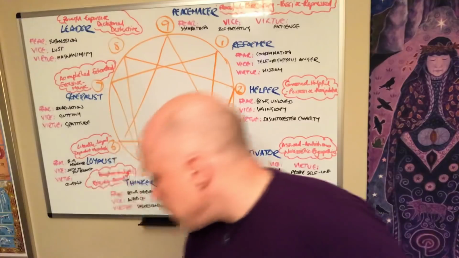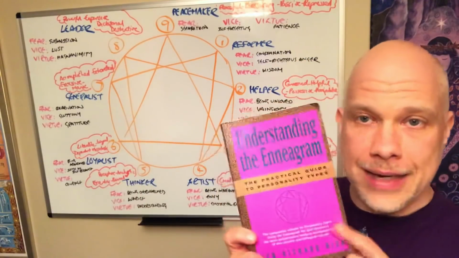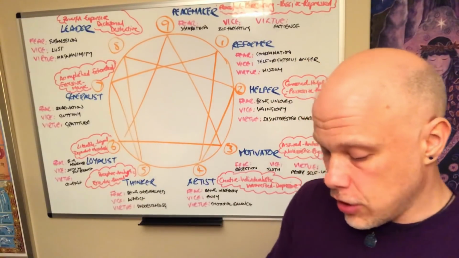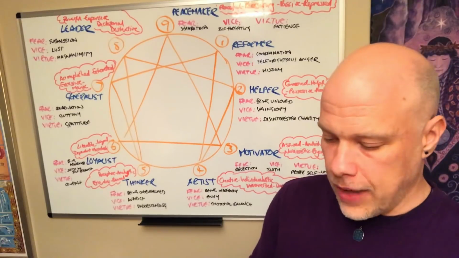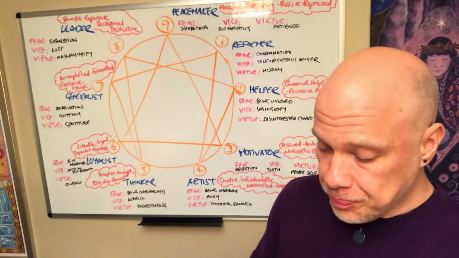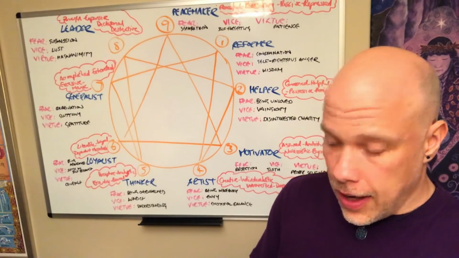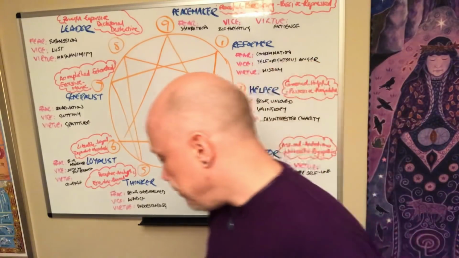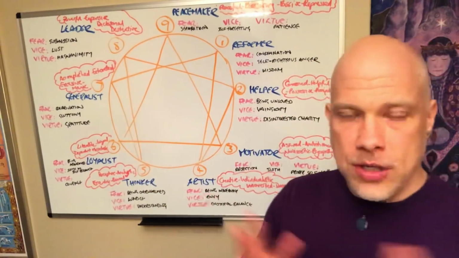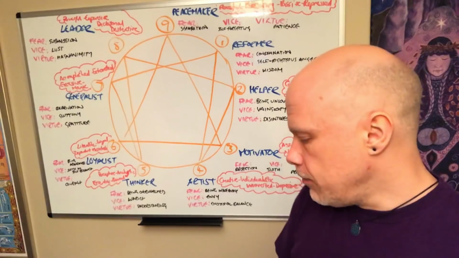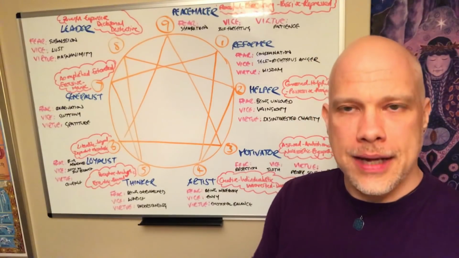I've drawn much of this from this book called Understanding the Enneagram by Don Richard Riso, who's written a number of books on the Enneagram, and they are well worth seeking out. He didn't originate the system, but he certainly refined it and expanded it.